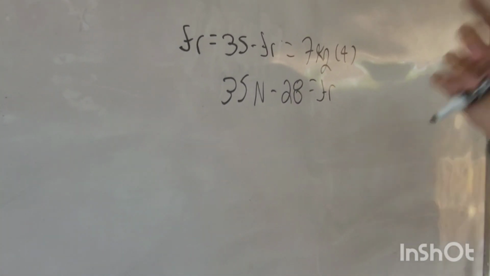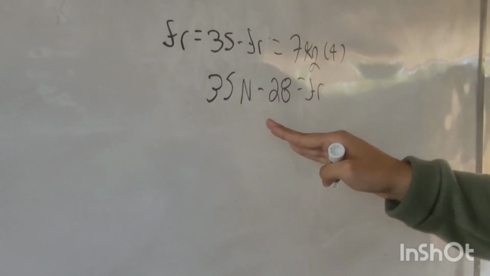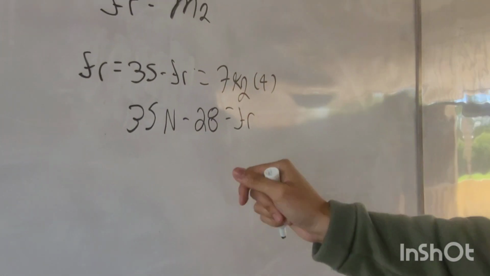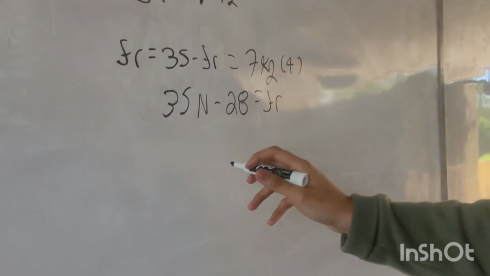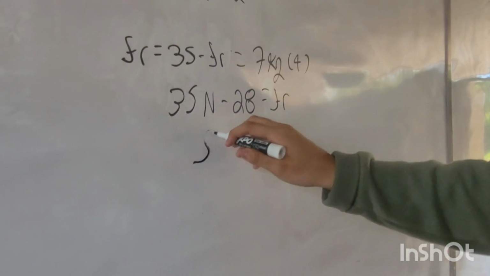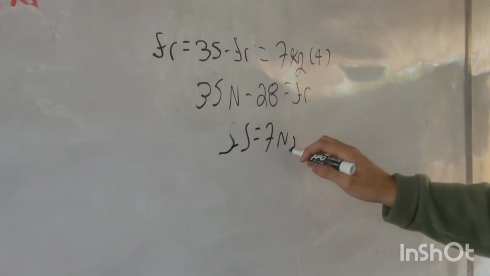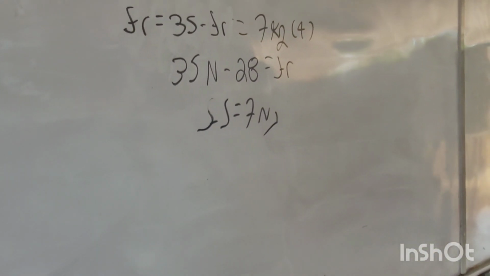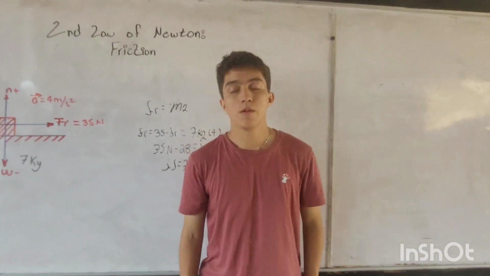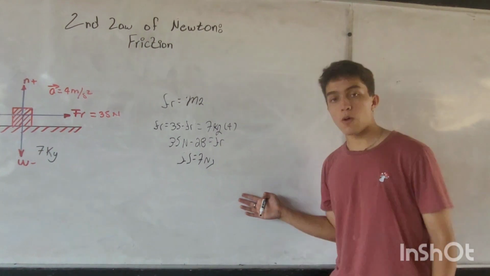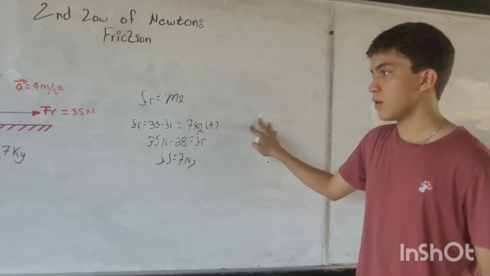And so, well, the last step, you only have to subtract these both numbers, and our friction is going to be 7 newtons, and that's how you solve this equation.